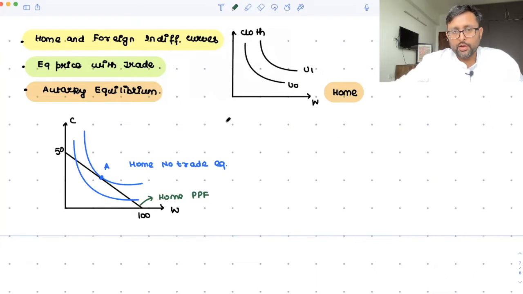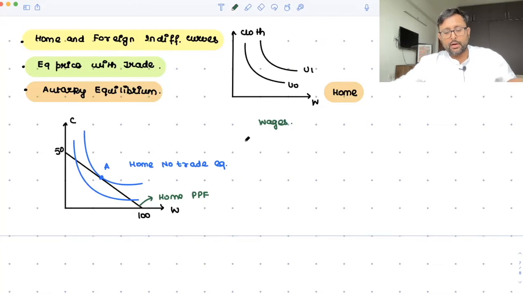Now, if you look at the home country, let's talk about wages. There are two kinds of industries. One is the wheat industry, the other is the cloth industry. So up to what point do you think the workers would be hired? The workers are going to be hired up to the point where the wages are equal to the value of the marginal product which they are generating.